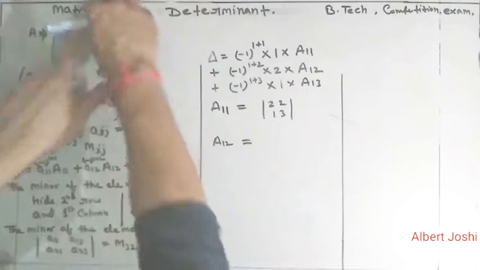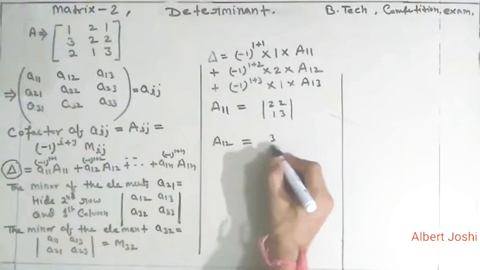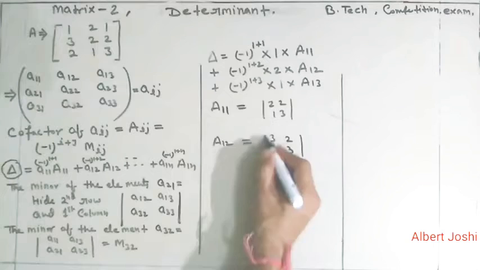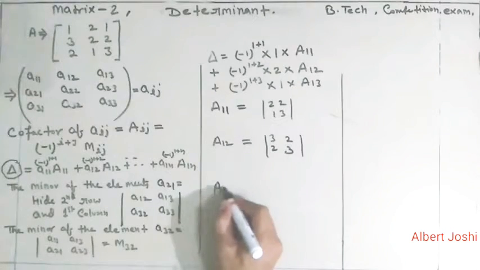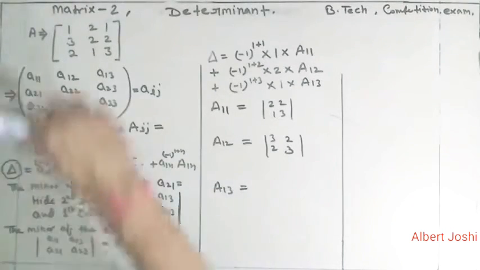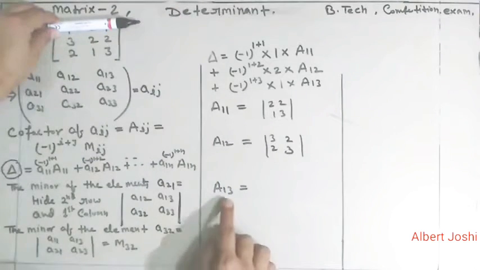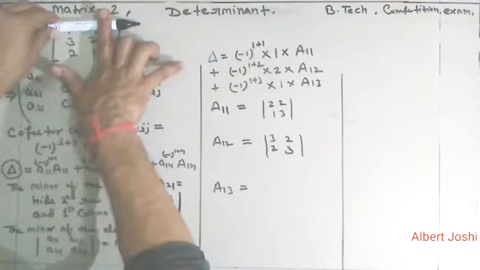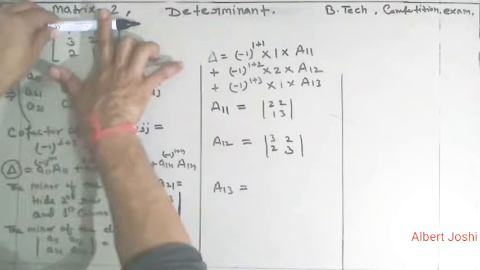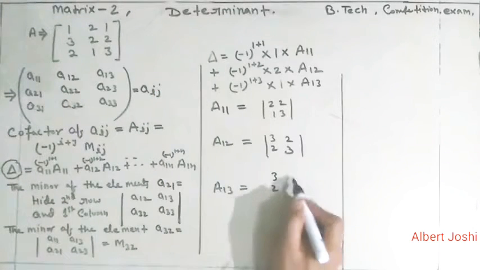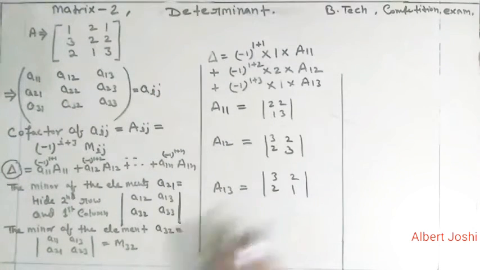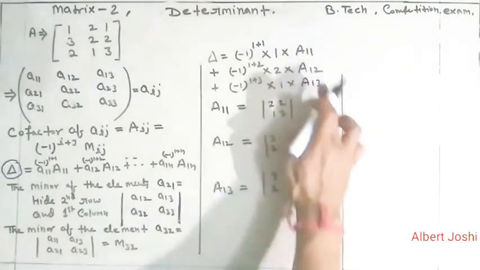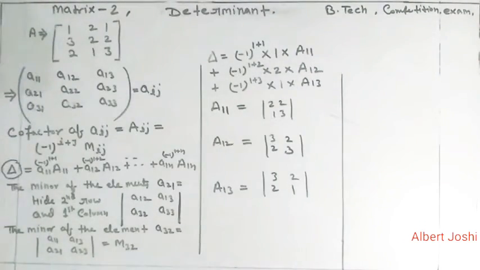So you are getting 3 2 2 3. A13 means hide the first row and third column. Then what are you getting? 3 2 2 1. So this is the way to find A11, A12, A13.